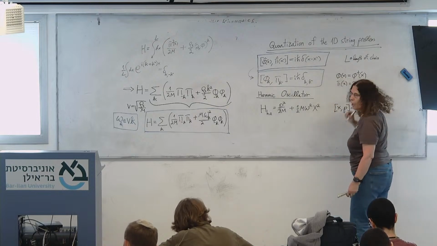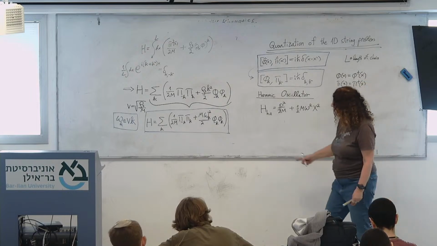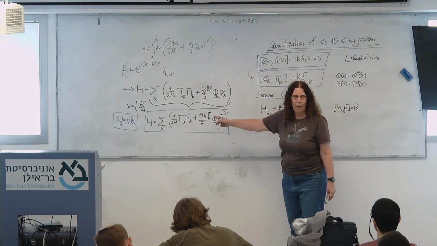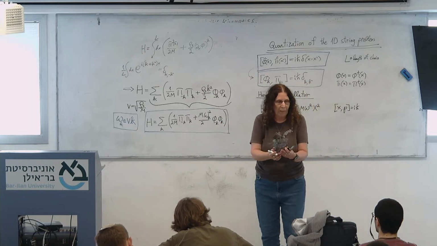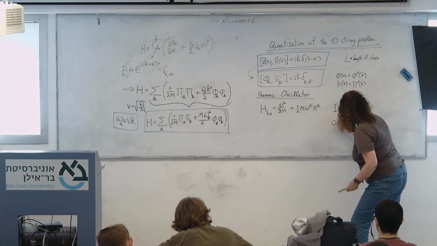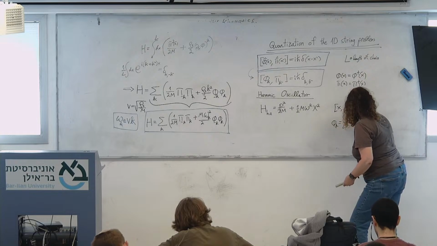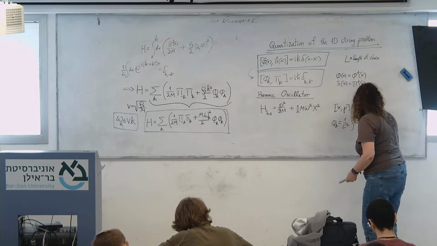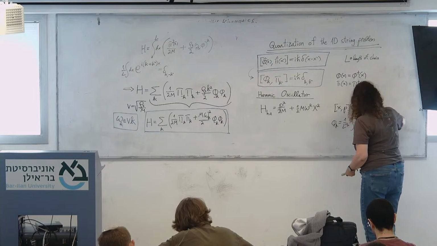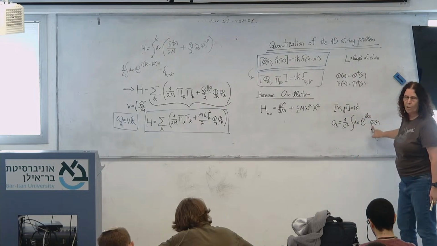These are Hermitian operators. But what are phi of k and pi of k mathematically? They are defined, let me write it again. So phi of k is an integral of e to the i, sorry, here it's plus i kx phi of x, okay? Now, this is a Hermitian operator.